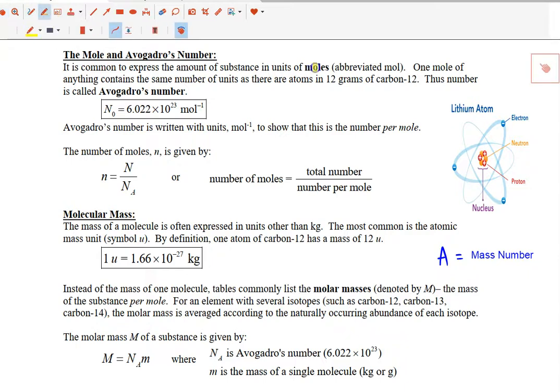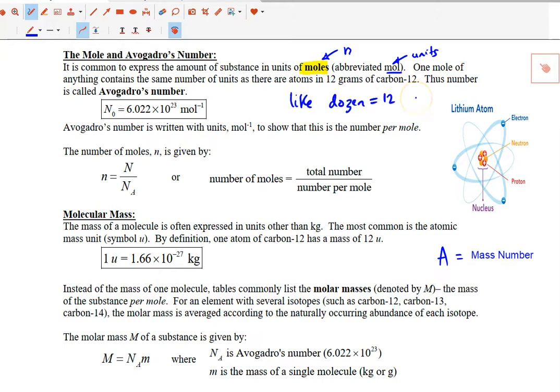First, the symbol we use for mole, just like pressure is capital P or volume is capital V, is a small letter n. And the units for moles, we just write mol, abbreviating moles. The way I look at it, a mole is like a number, just like a dozen is 12.